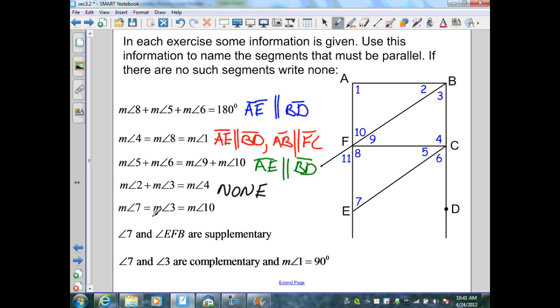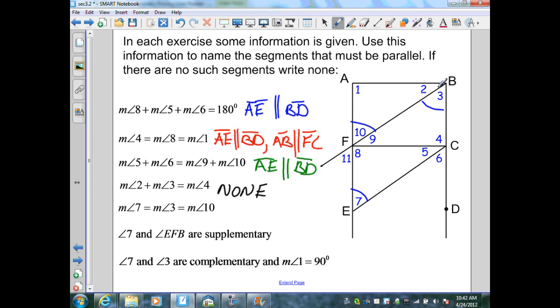The measure of angle 7 equals the measure of angle 3, which equals the measure of angle 10. Let's start with the top set. 3 and 10 are alternate interior angles. They have a transversal of FB.